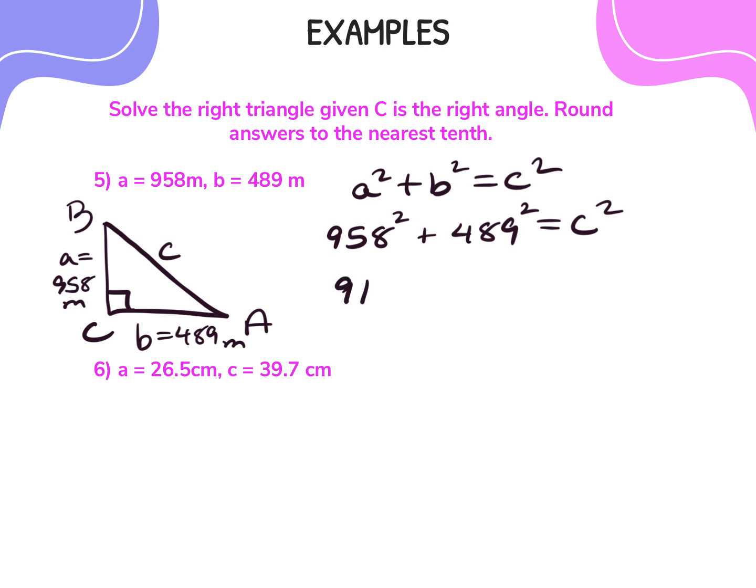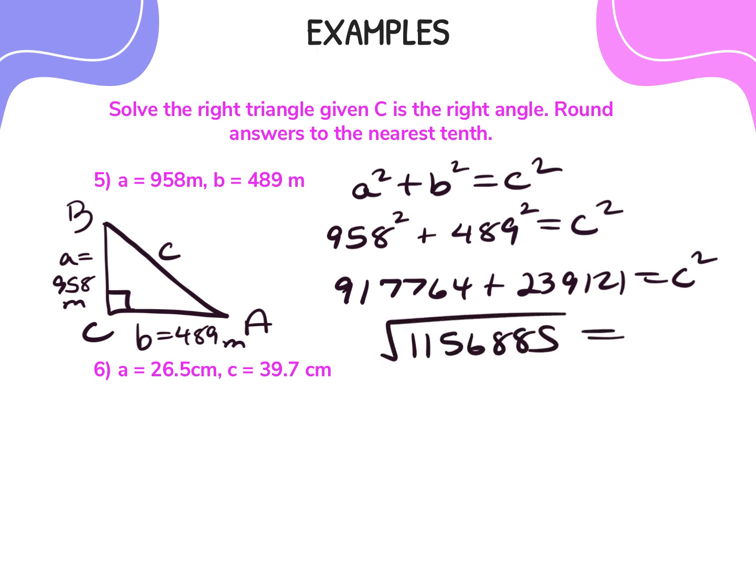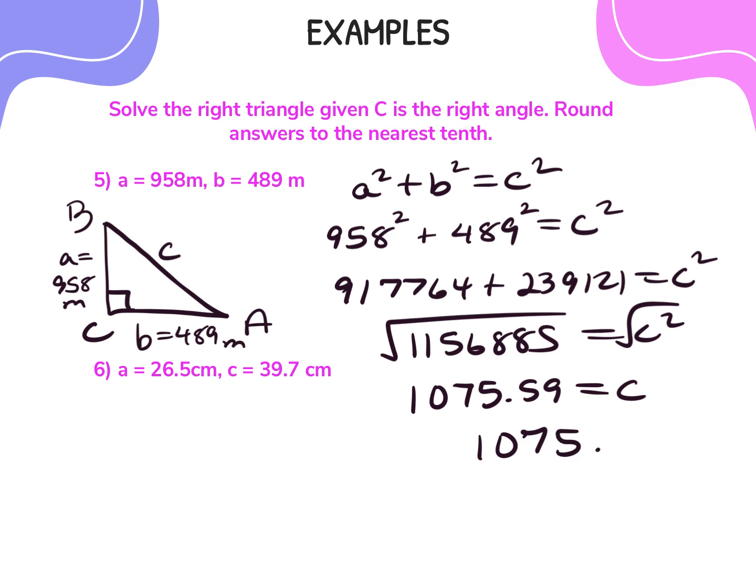So this gives me 917764 plus 239121 equals c squared. Add them. And then I got to square root it. Round it to the tens place. I'm going to get 1075.59, but I'm going to round it to the tens place, so 1075.6. And these were meters. So that's your hypotenuse.